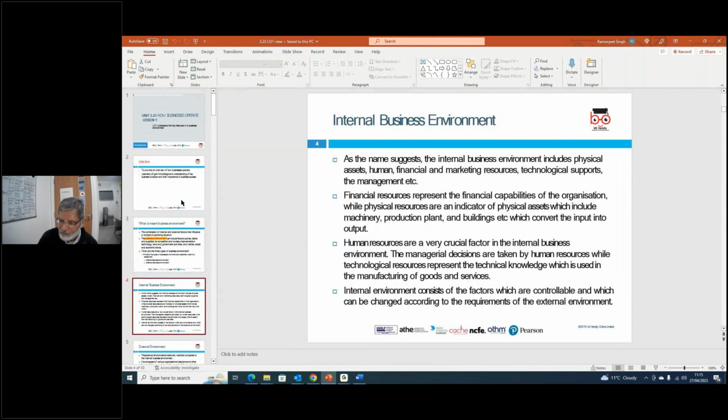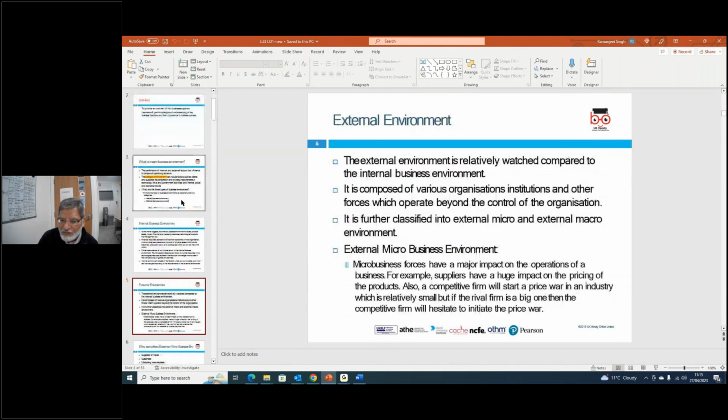They are affected by the internal and external environment. The internal environment is something to do with the internal running of the business, such as human resources, financial resources, internal policies, internal IT equipment and so on. External factors are such as the government, the economic activity outside, the customers, and so on.